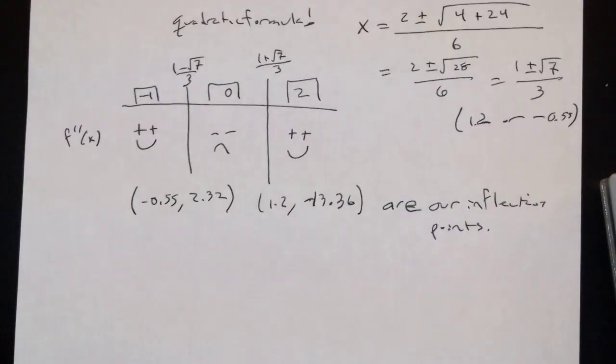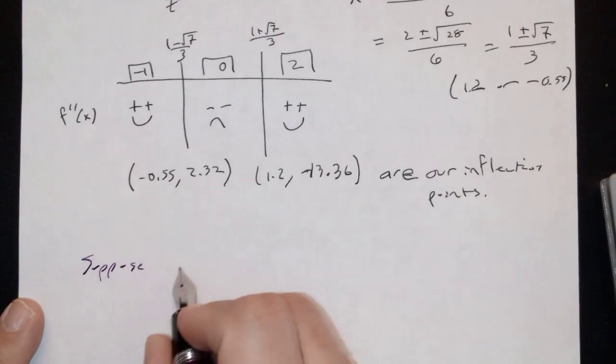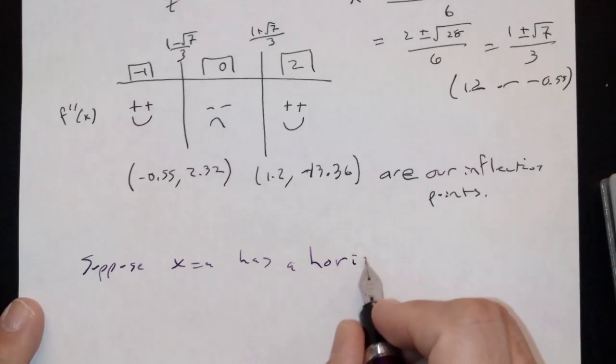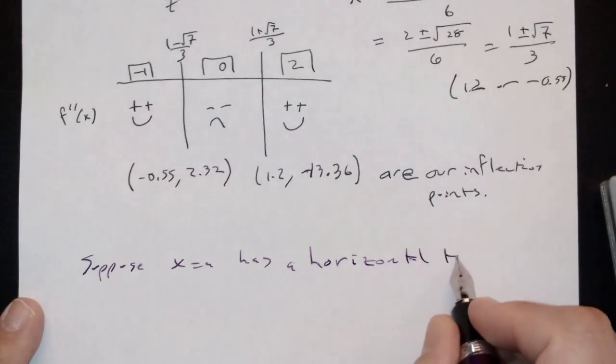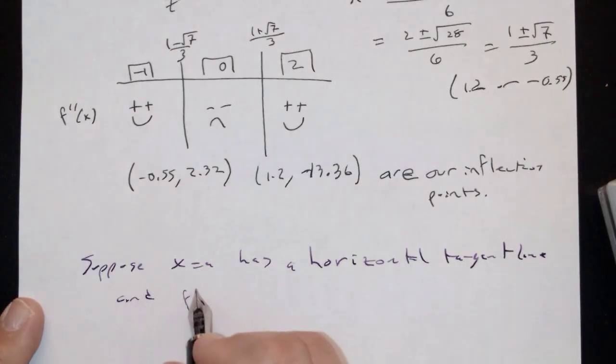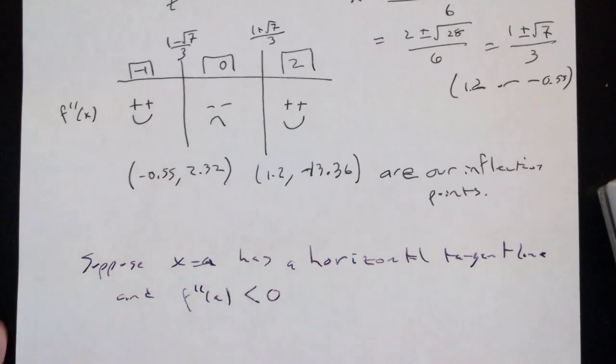Let's just draw a picture. I want you to draw a picture that has a horizontal tangent line and is concave down. Suppose f has a horizontal tangent line and f double prime of A is negative.